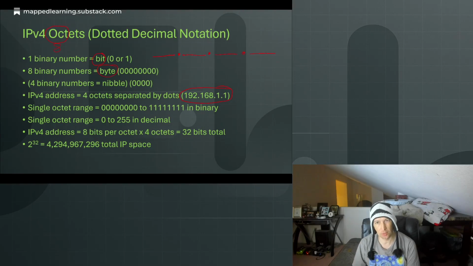Now, a single octet, so we'll pick on this first octet, 192, that is an 8-bit number. So we write it out in a combination of zeros and ones in a particular order, and that becomes that specific octet.